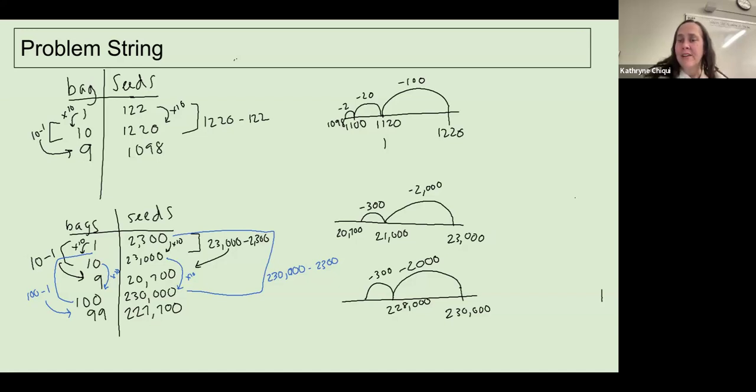And 300 less than 228,000 would leave me with 227,700. Yep, that's another great way.